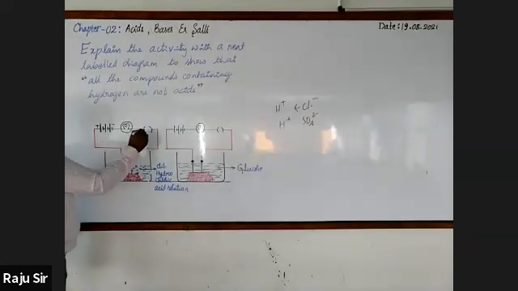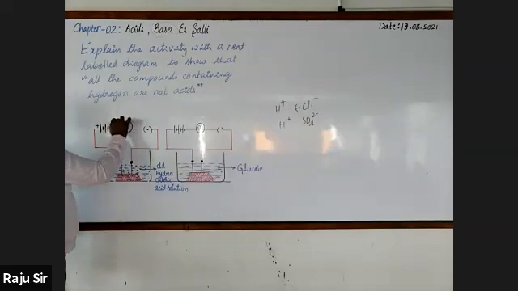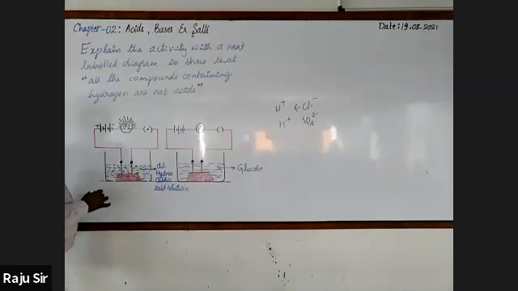Then in the first figure, switch on, and you notice the glowing of the bulb. When you switch on, the bulb glows, which means that current is flowing from positive terminal. Here I'm showing the direction.